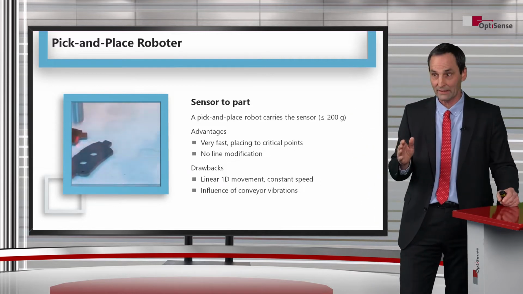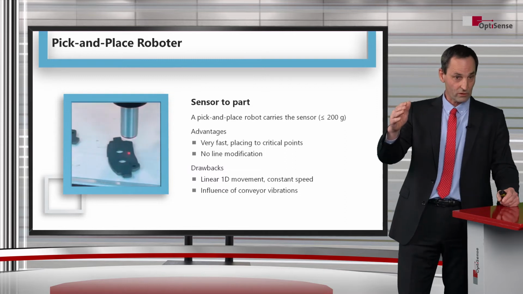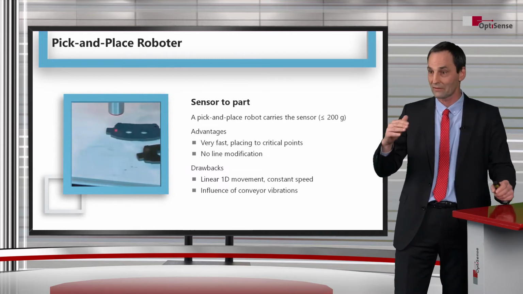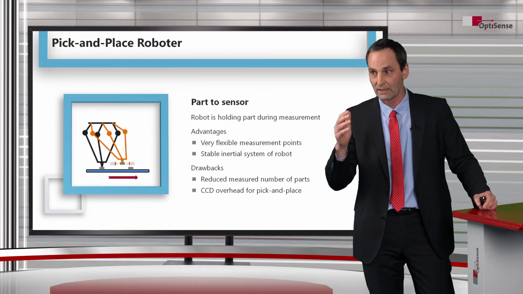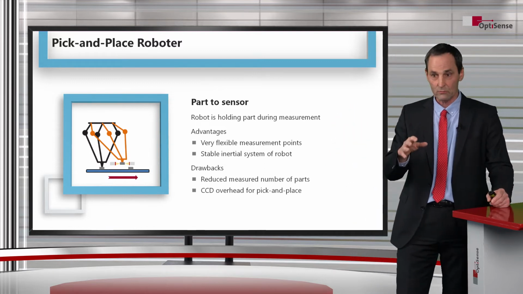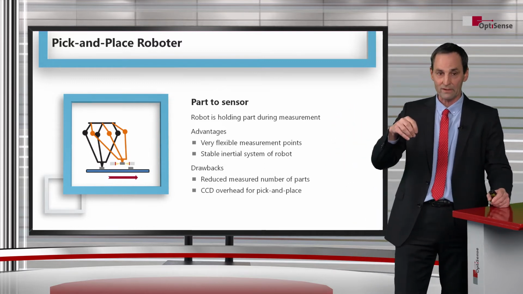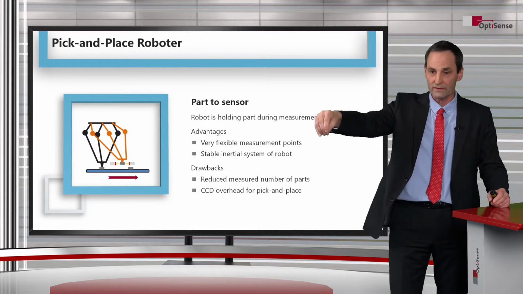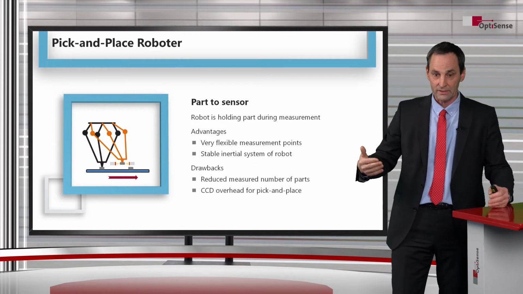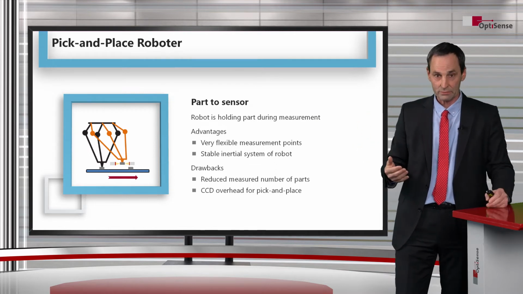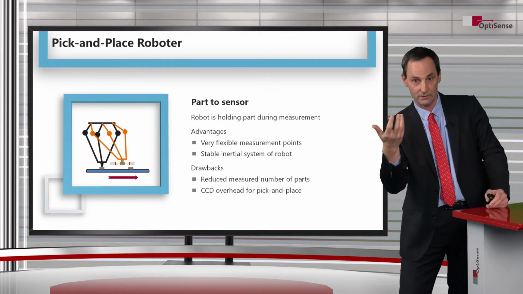So the next thing is, before we talked about moving the sensors, now we talk about moving the part. That means a multi-point setup. You take the same robot, just pick the part from the line, and then move it to the sensors. And of course, then you have the possibility to have the multi-sensor setup. On the one hand side, you have the possibility maybe to rotate.